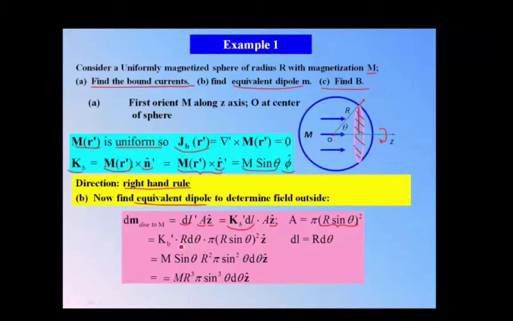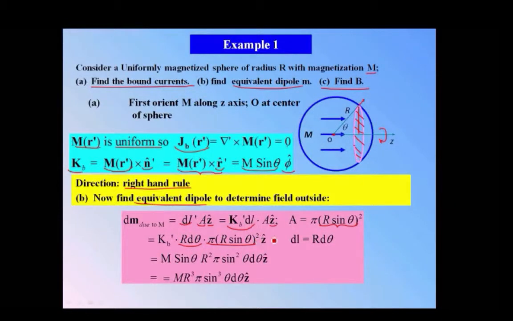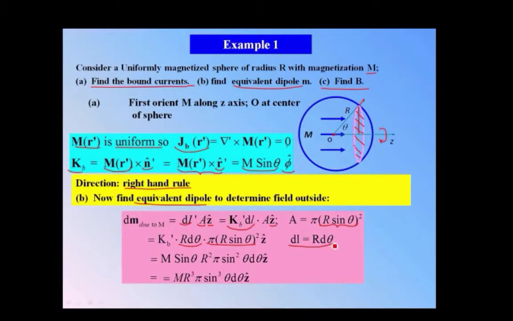So here we put in our dl, R d theta. We put in our area right here, and we just multiply everything together, and that'll give us dm. And I've already said that dl is R d theta. Collecting terms, if we can do it in two steps, but here's what we get. We get M R cubed, pi times the cube of sine theta d theta, all in the z direction.